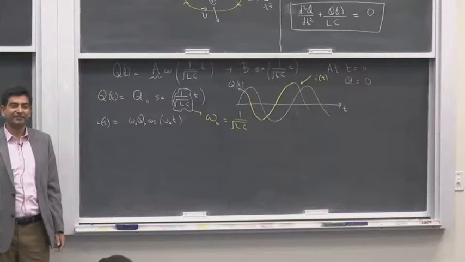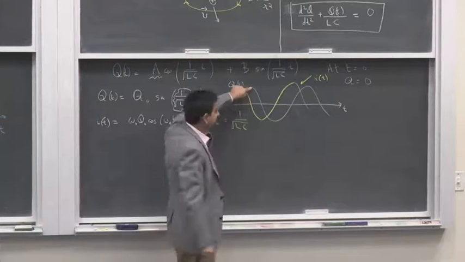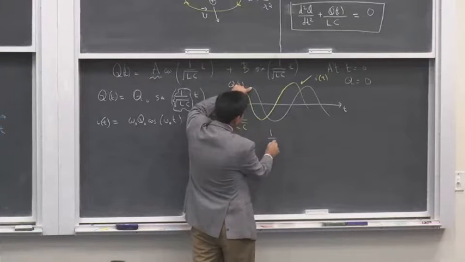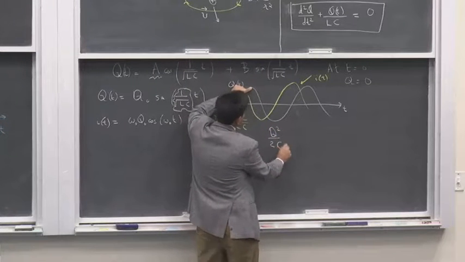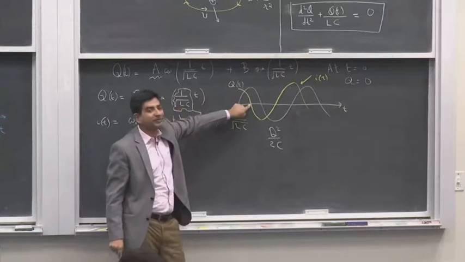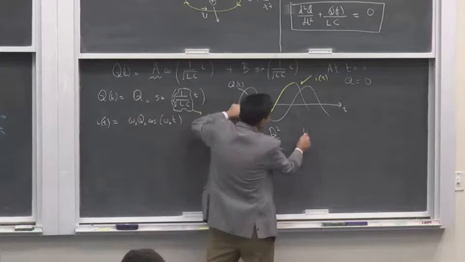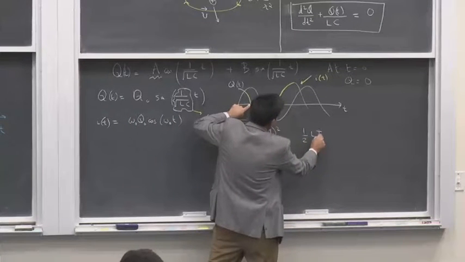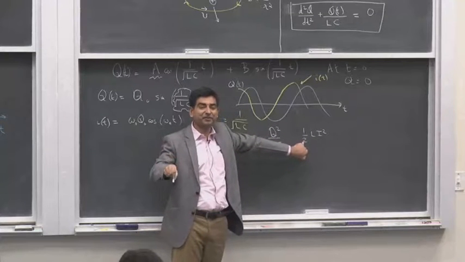Remember, at one point, when the charge on the capacitor is maximum, the energy on the capacitor is maximum, Q square over 2C. At that point, the current through the inductor is 0. The energy inside the inductor is half Li squared. So when this is maximum, the energy inside the inductor is minimum, 0.